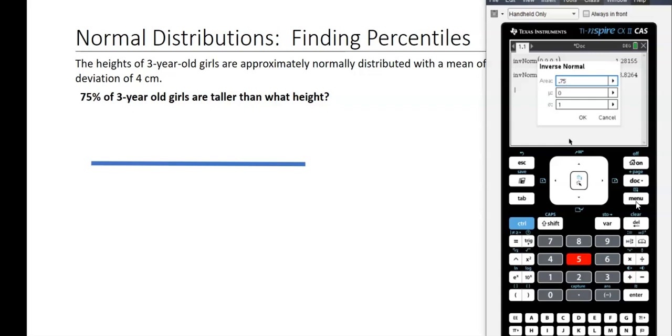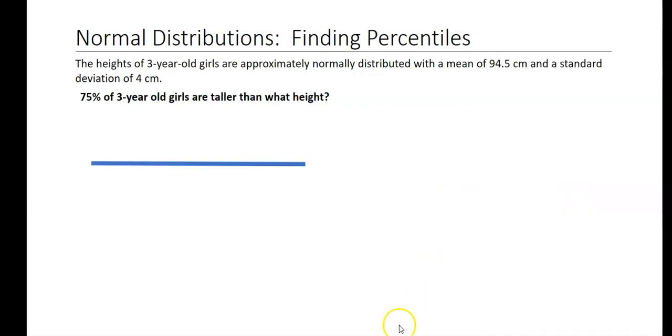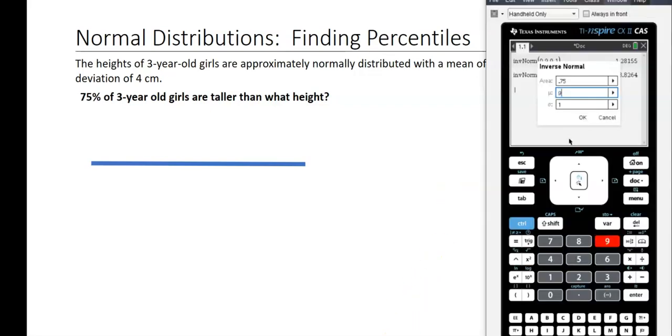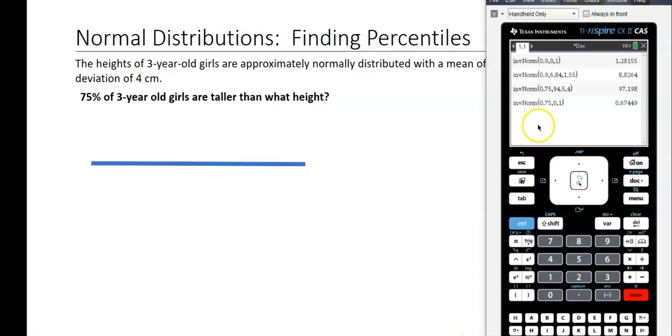The easiest way to do this is just to put in the mean and the standard deviation. Mean of 94.5. Standard deviation of 4. That gives you the answer. You could have said 0, 1. That gives you the z-score. Then you could use the z-score equation.